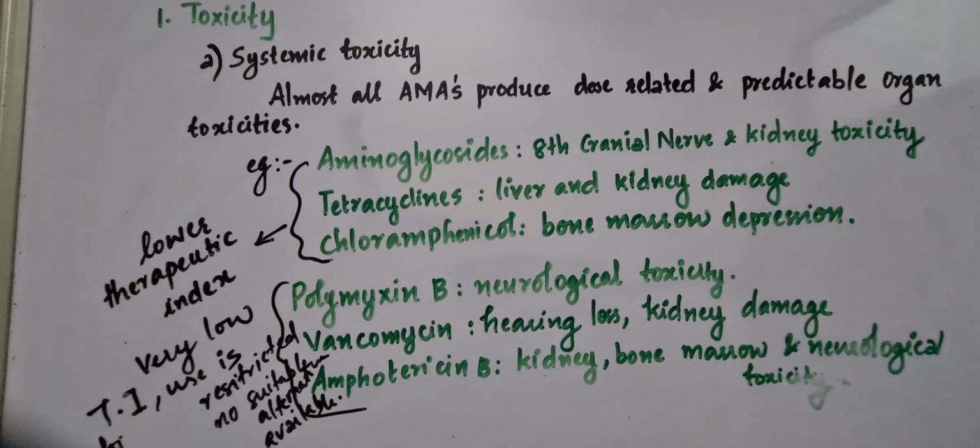So what do we mean by therapeutic index? The therapeutic index is a quantitative measurement of the relative safety of a drug, or we can say the relative safety of the antimicrobial agent. It is a comparison of the amount of a drug that causes the therapeutic effect to the amount that causes toxicity.